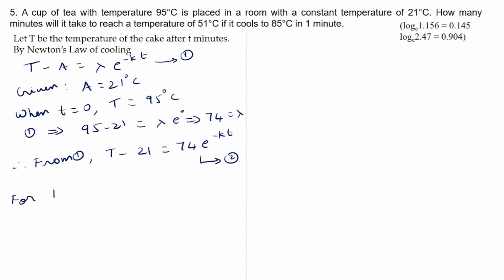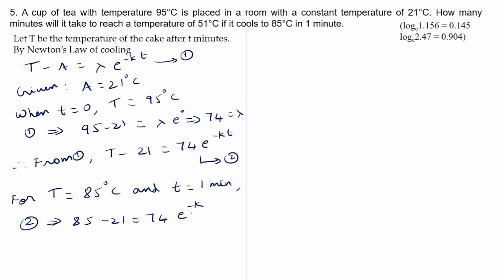For T equal to 85 degrees Celsius and time t equal to 1 minute, from equation 2 we get 85 minus 21 equal to 74 into e raised to minus k.